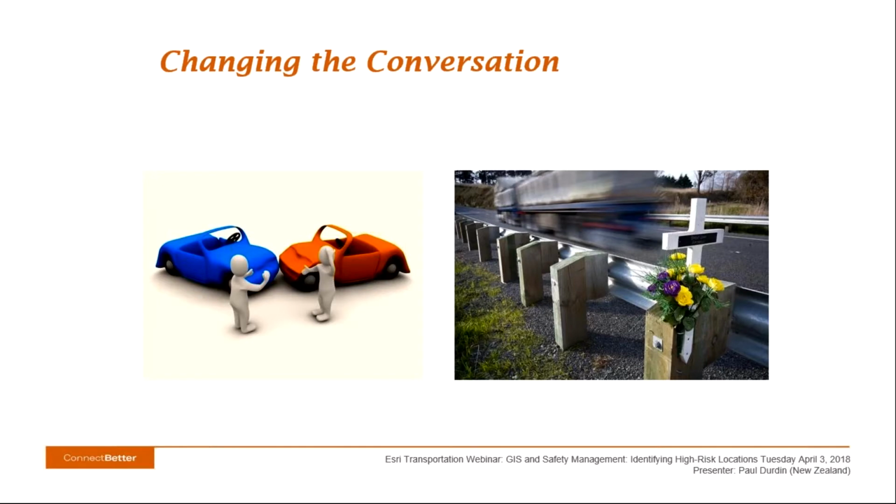The safe system signifies a change in conversation and a change in culture. It's a change in conversation from a culture of blame to one of creating a forgiving environment that protects system users in the event of a mistake being made. That is quite a significant shift, and it needs to happen across all aspects and stakeholders using the system.